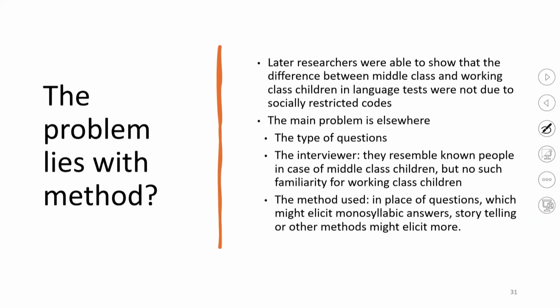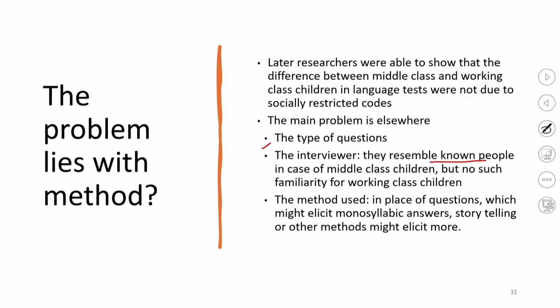And then later researchers have also pointed out that the method probably was wrong. The main problem probably is elsewhere. The type of questions that were asked to the children: the interviewer resembled known people in the case of middle class children, but in the case of working class children, the interviewer looks alien, he does not belong to their own category of people.